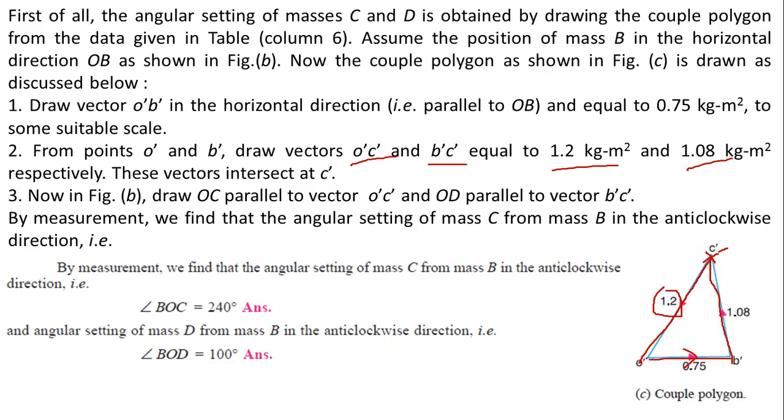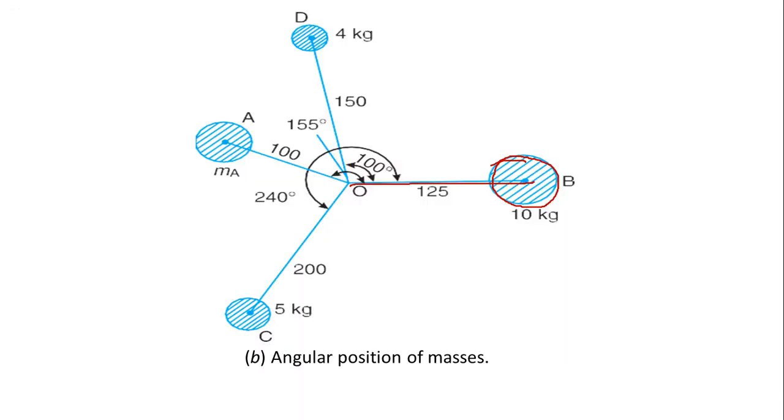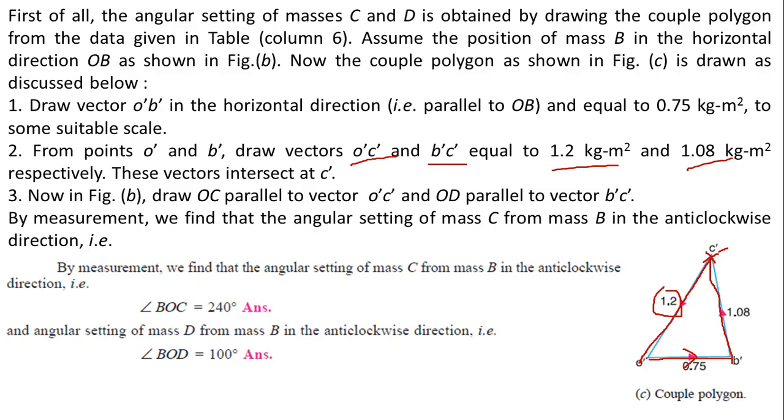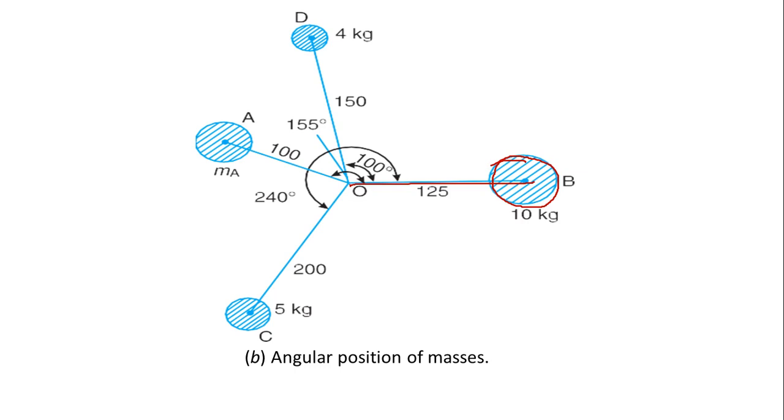Okay, just take this line parallel to this direction and transfer it over here, so you get the position like this, and now measure this angle. From this reference plane you can measure this angle.